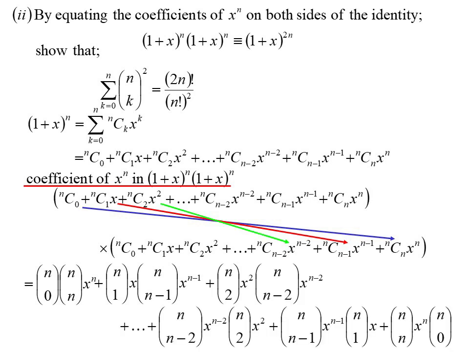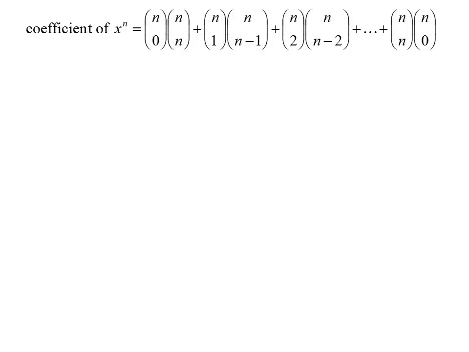And so on and so on, and eventually we'd come down to the very last one where nCn x to the n got matched with nC0. So the coefficient ends up being this: nC0 times nCn, nC1 times nC(n minus 1), nC2 times nC(n minus 2), until we got to the last one, nCn times nC0.